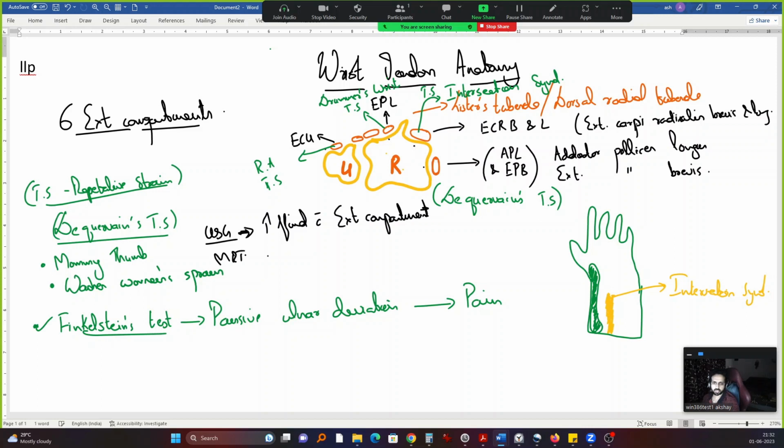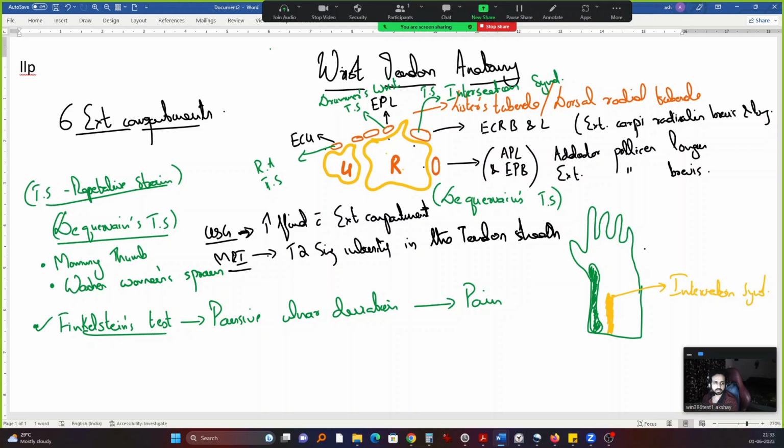On MRI the same thing appears as T2 hyperintensity in the affected tendon sheath.